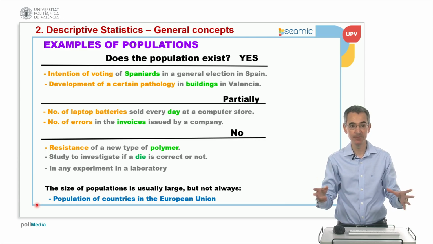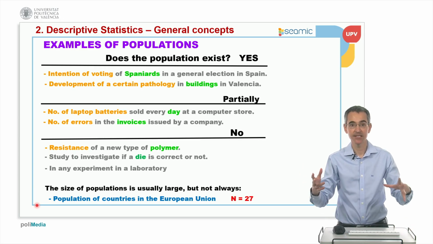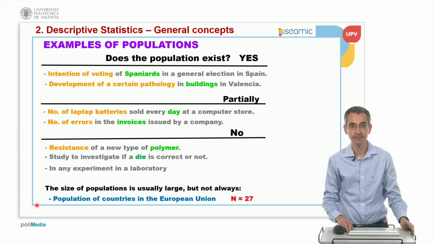Obviously, the population of people is many millions living in the European Union. But in this case, my population is only the countries. In this case, the number of countries in the European Union is not large. It is just 27. So it is an example of a population which is small.